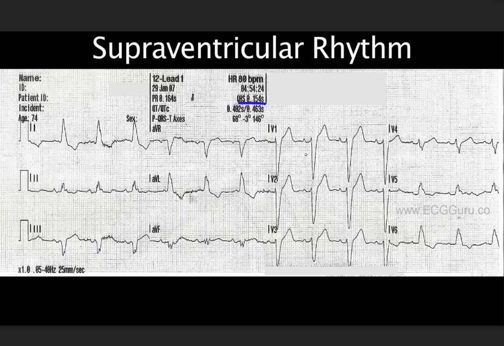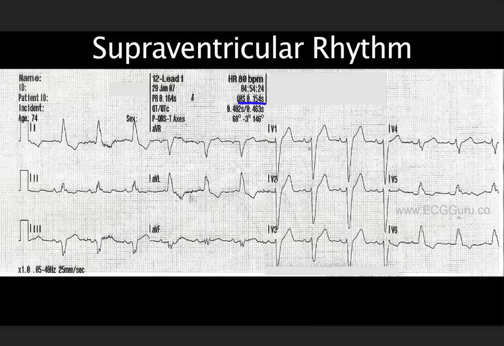The second criteria that we need to meet is this must be a supraventricular rhythm. And what that means is it's not ventricular. So ventricular rhythms would be V-tach, obviously, idioventricular, accelerated idioventricular, even paced rhythms if the ventricles are being paced. Those would produce wide complexes, but they're not bundle branch block because they're not supraventricular.